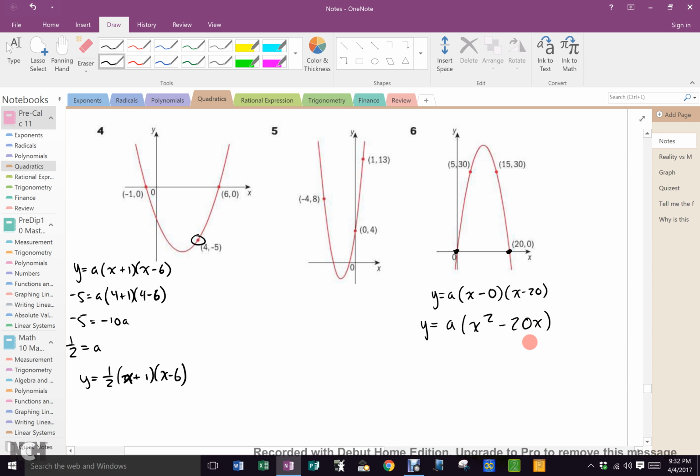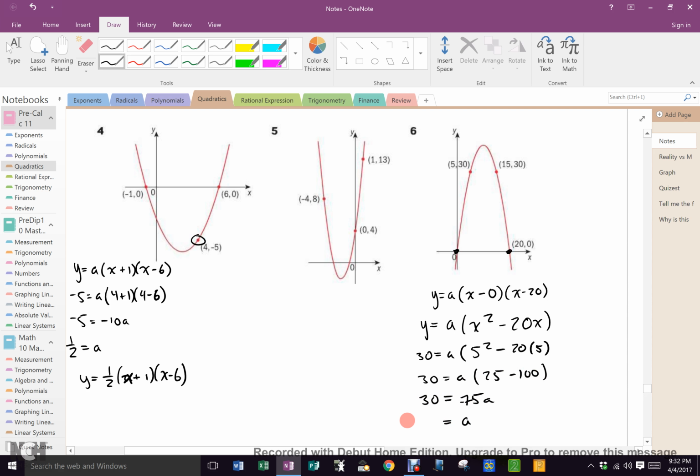And I can plug in any of my points. But that's weird because I got the two of them here. Let's just see what happens. 30 equals a(5 squared minus 20 times 5). 30 equals a(25 minus 100). 30 equals negative 75a.